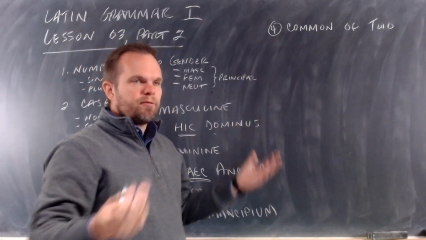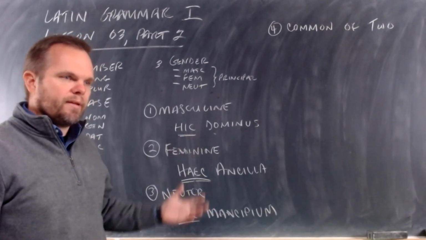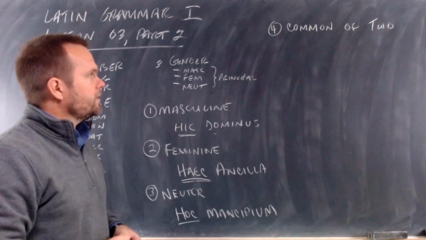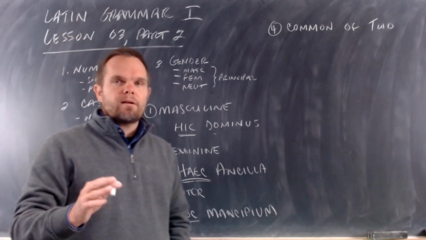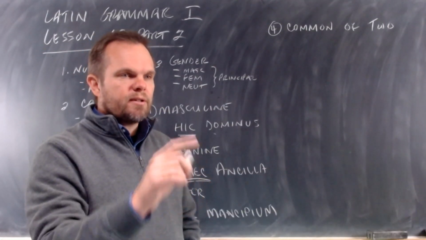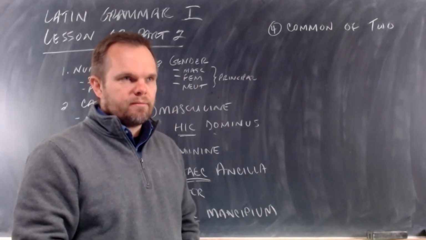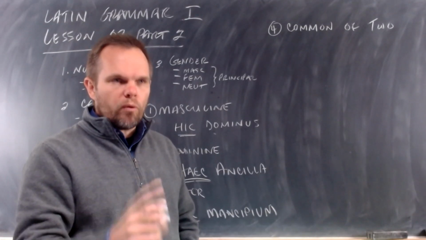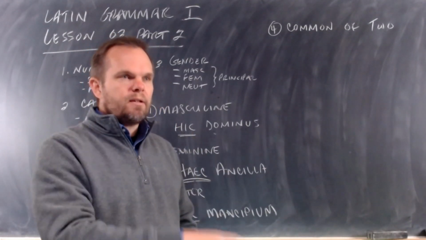It's not a different gender. It's a combination of these genders, some relation based on these genders. Common of two is both male and female. The word is used to name both the masculine and the feminine. You got that?